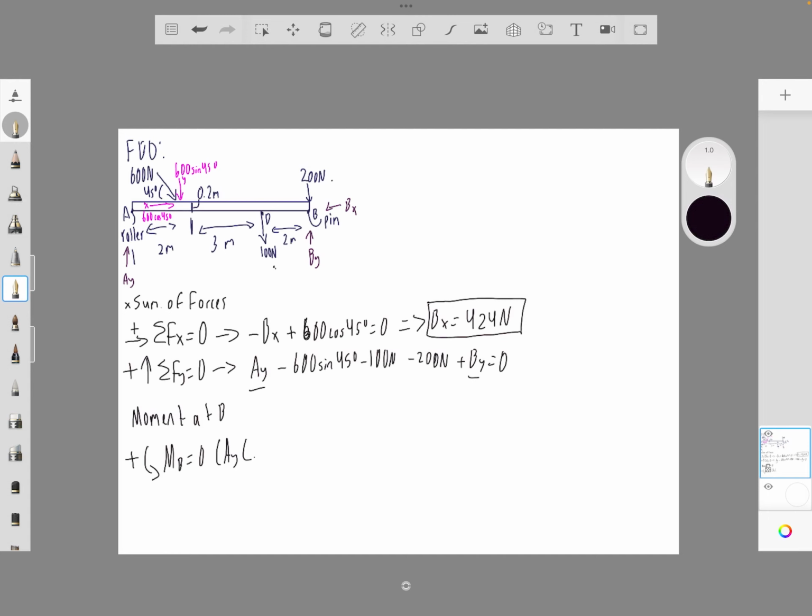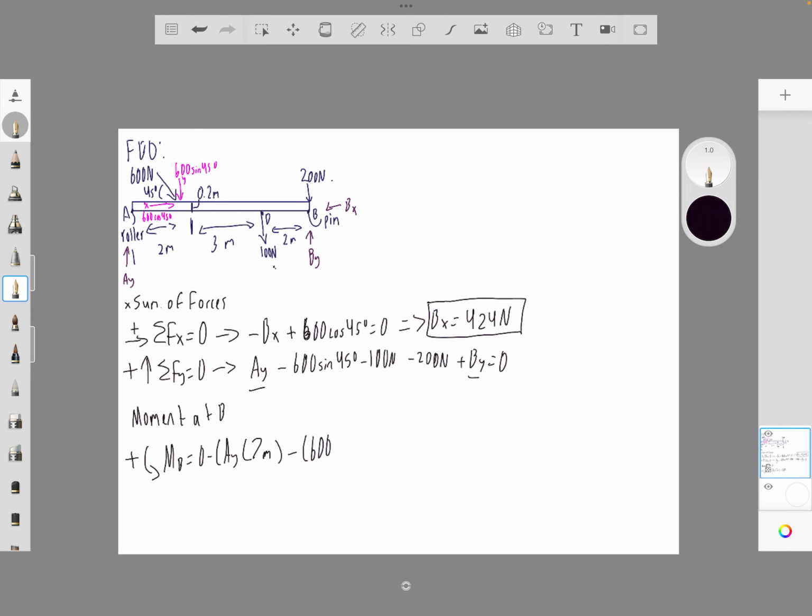Minus 600 cosine 45, another force, is acting in the clockwise direction, so it is actually negative. Excuse me, unfortunately I was also wrong about Ay. It is also acting in a clockwise direction, so it is also negative. Again, I apologize for that. That was an error on my part, and I don't want to confuse you.